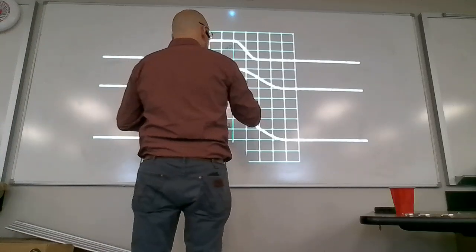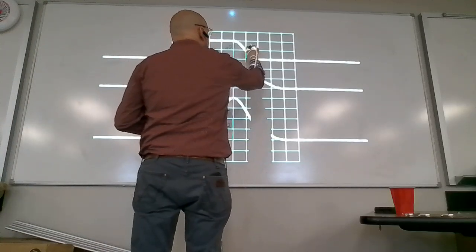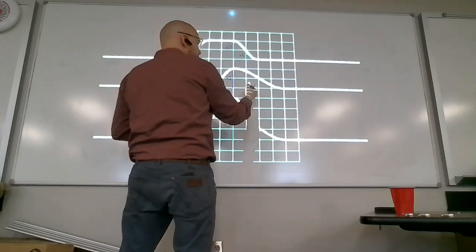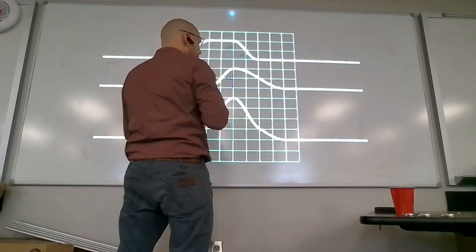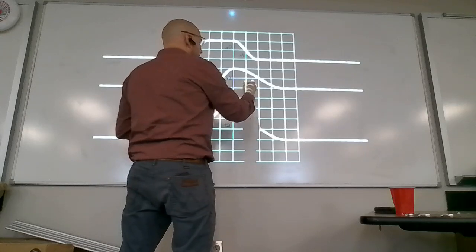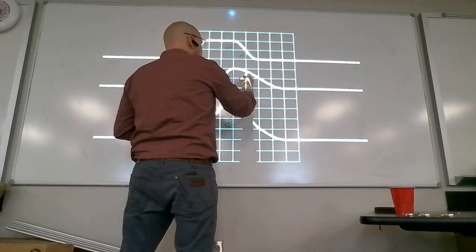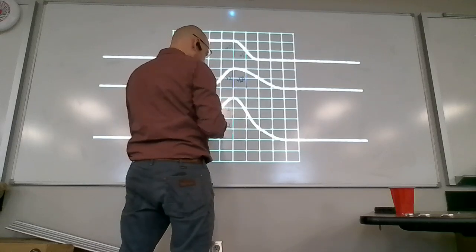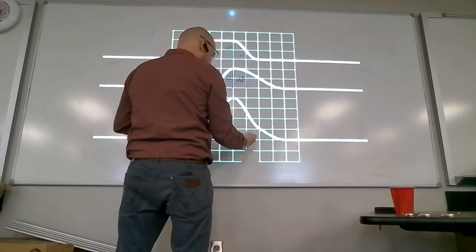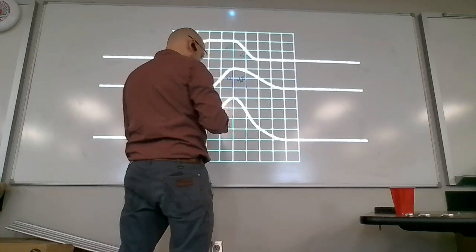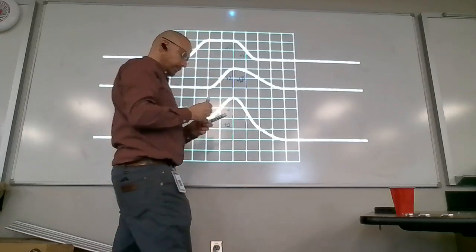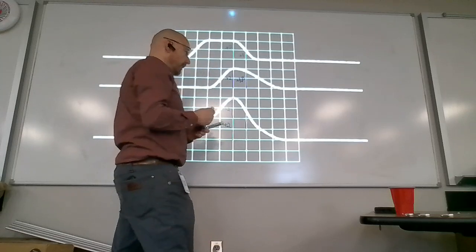So let's take a look at another point. Let's say this is +1 here at that location. And this is, we'll say, 1.8. So +1 plus 1.8 gives you 2.8.